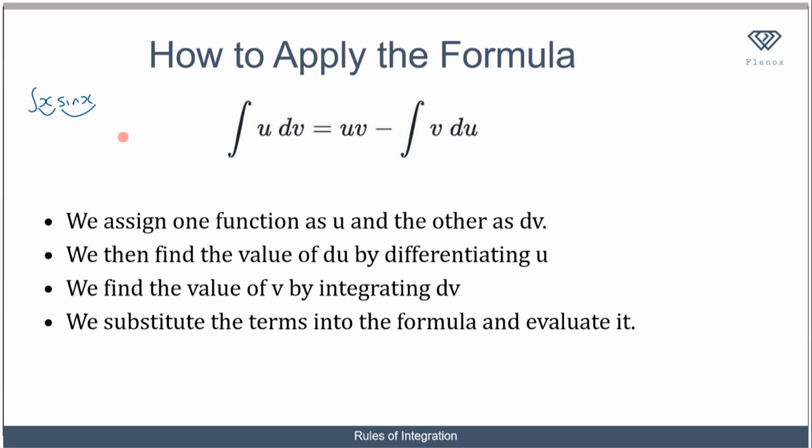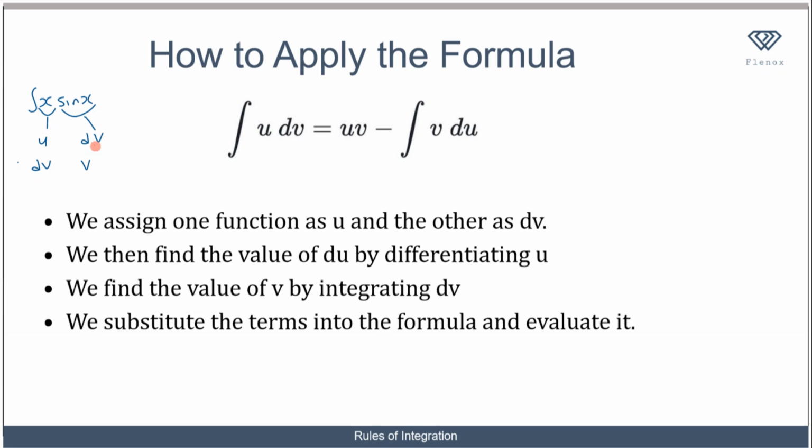Based on the rule, we take one of the functions to be equal to u, and we take the other function to be equal to dv. We then find du by differentiating u, and we find v by integrating dv. So by now we should have gotten u, dv, du and v.